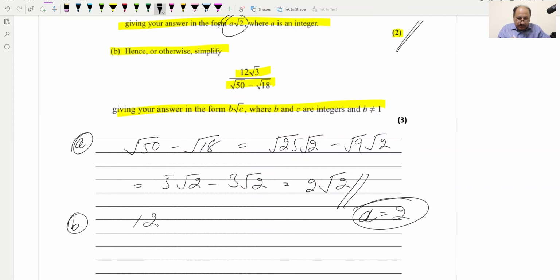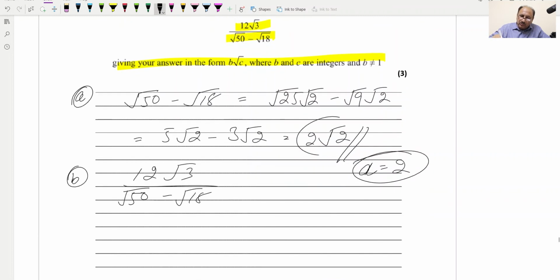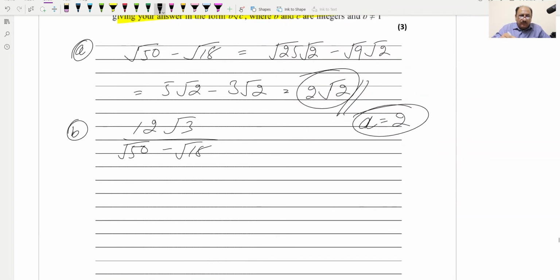We can rewrite it as 12 under root 3 over under root 50 minus under root 18, and the denominator we know is equal to 2 under root 2, and we will be replacing this value.